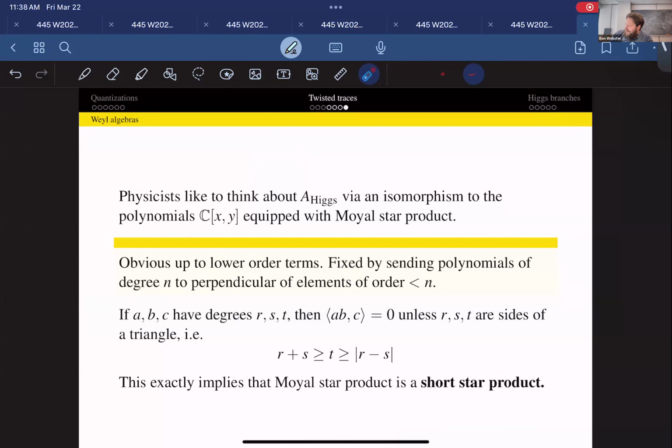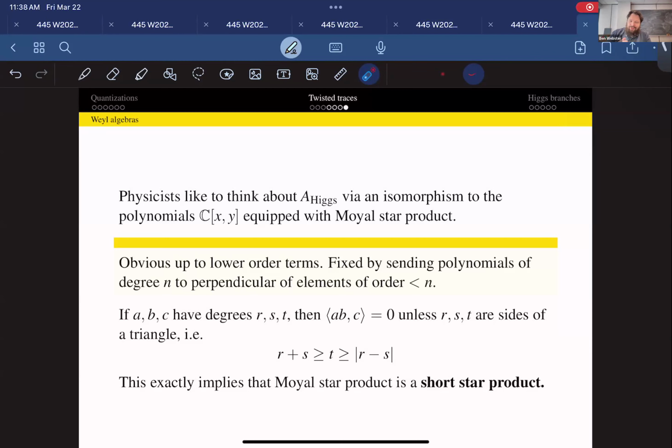And being a mathematician, I get a little uncomfortable with that statement because it's isomorphic to polynomials in two variables with Moyal star product, but it's not uniquely isomorphic to that. Which isomorphism do you want to choose? And having this inner product actually has a nice consequence that it tells me the right isomorphism to choose.